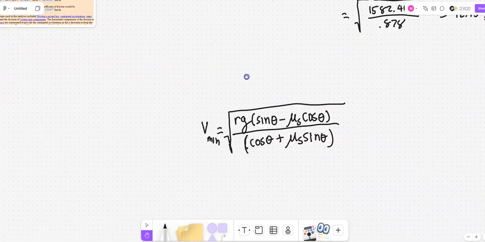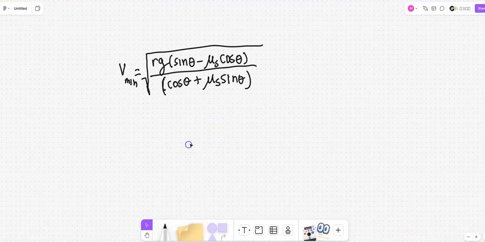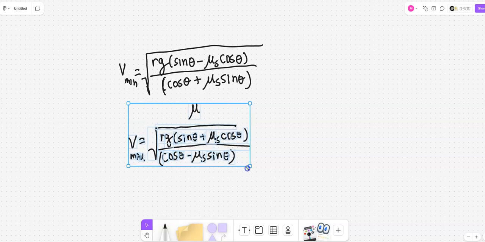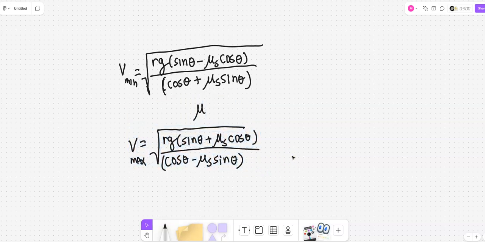Let's put these next to each other. Sweet. Alright, pretty much the same formula. The only thing we have is sign changes right here. Oh, both of these.